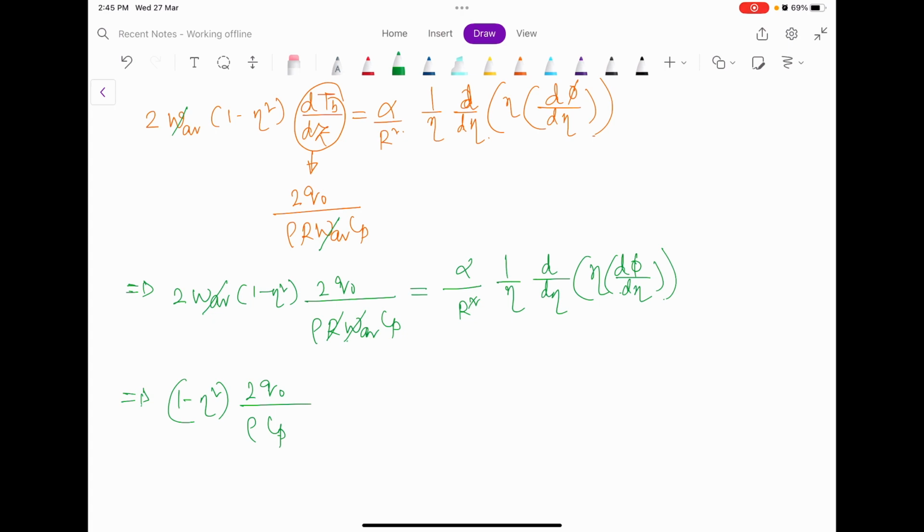Or what I can do is I can take this 2 out from here, and so this will be alpha by 2R, right? Is it correct? Okay, it is correct. Alpha by 2R, 1 by eta d d eta eta d phi d eta.